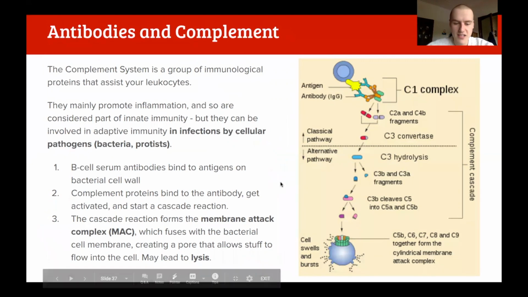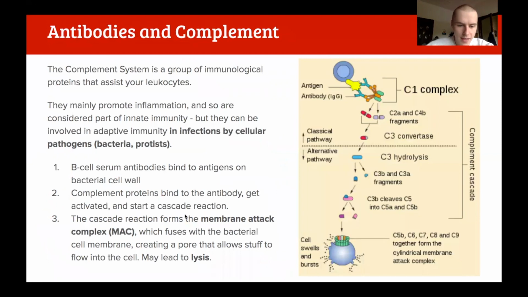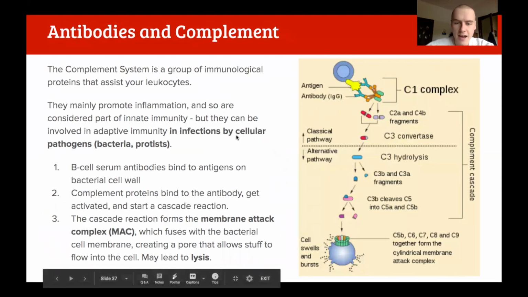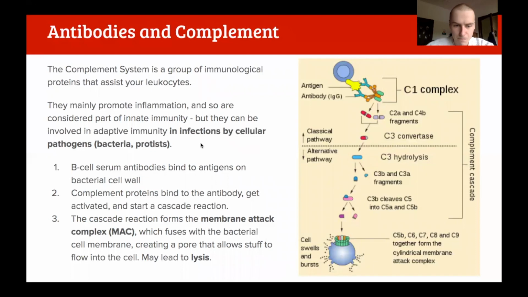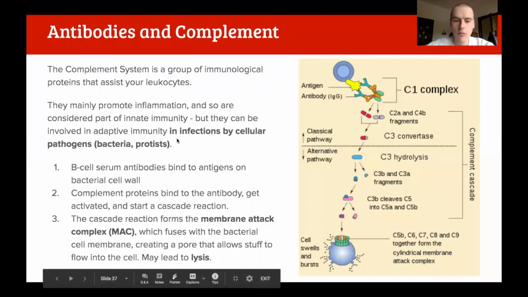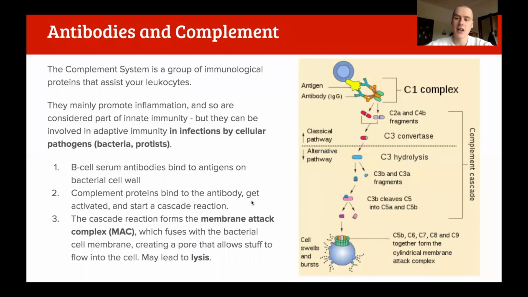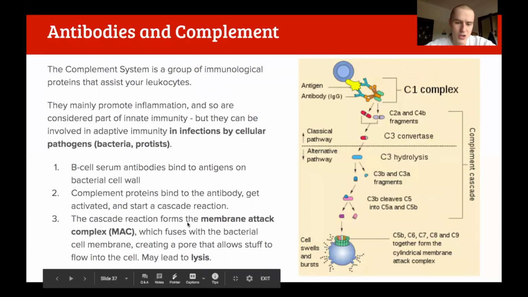It's called the membrane attack complex. And that membrane attack complex is designed to attack the membranes of cellular pathogens. And then what happens is that water and solutes and all these kinds of things are free to move in and out of the cell membrane. And if there's enough of these pores that form on that pathogenic cell membrane, that pathogen will hopefully undergo lysis and thereby neutralize that threat.